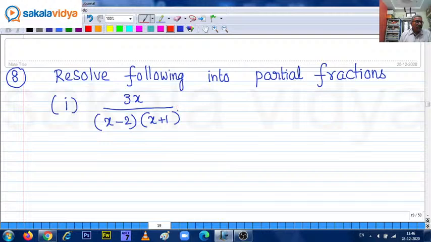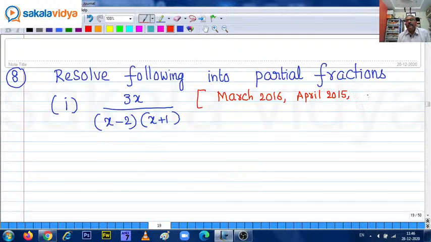This question was given in March 2016, next April 2015, next October, November 2010 also. So 3 times asked in the previous question papers. This is very, very important.